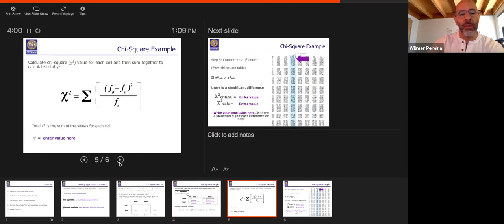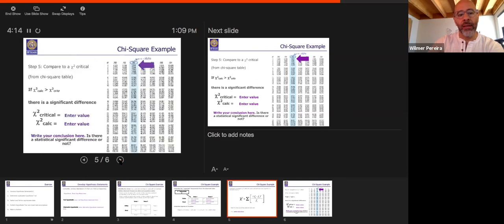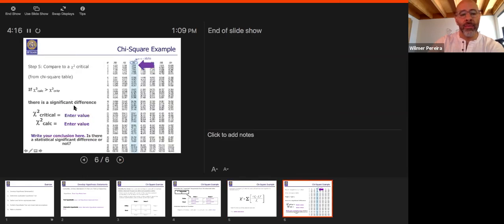And then with that information now, you can calculate the chi-square for each of the cells based on this formula and sum all the values, and then you will get your chi-square calc. And then finally with that, you will get the chi-square critical based on the degrees of freedom that you have.